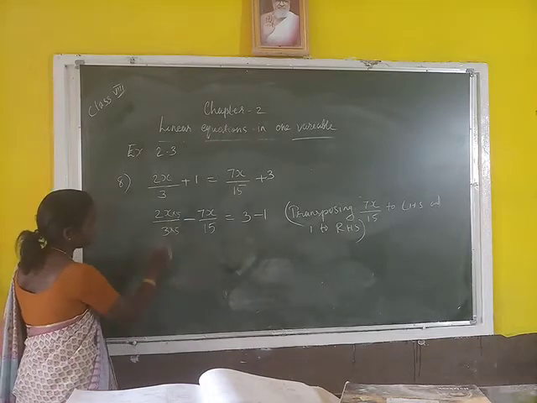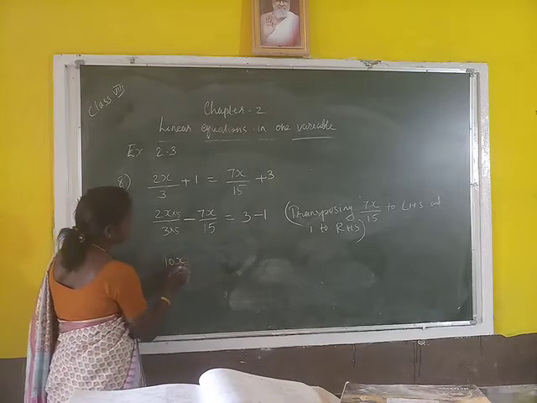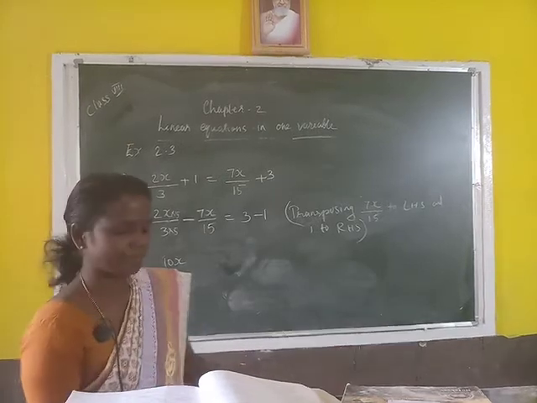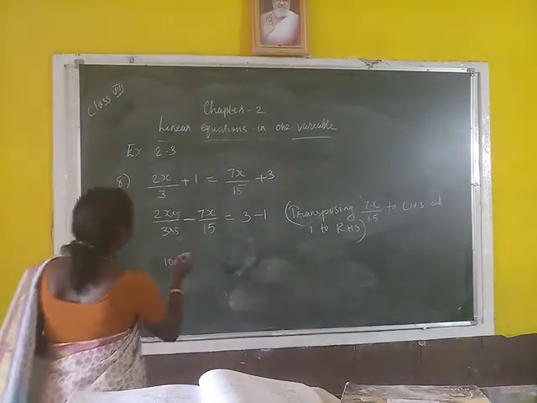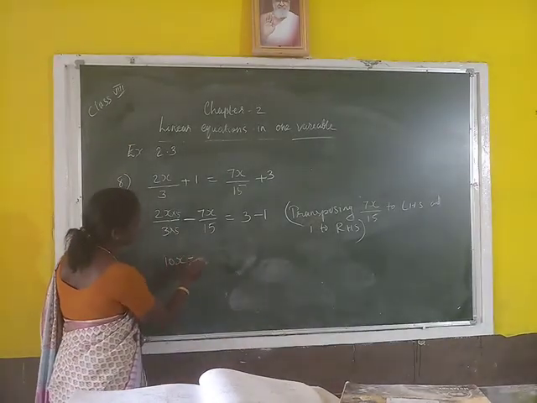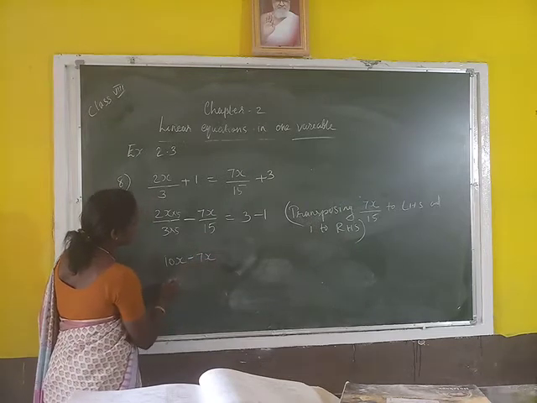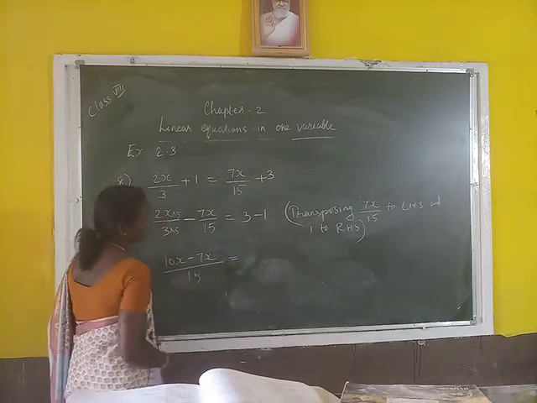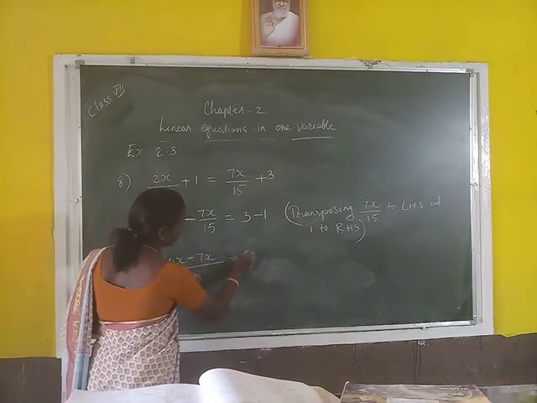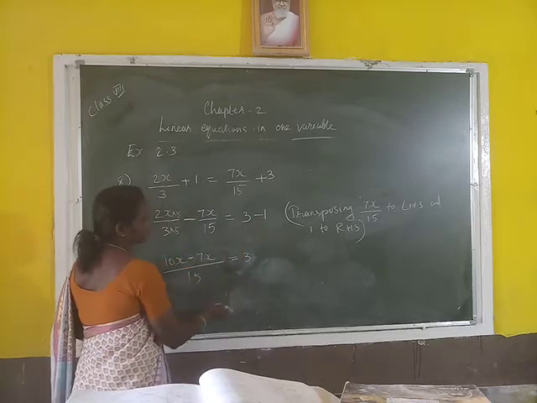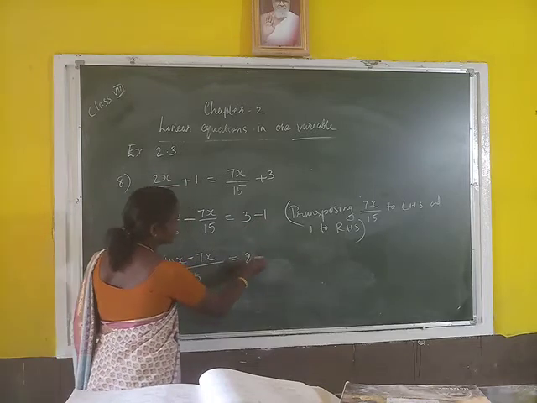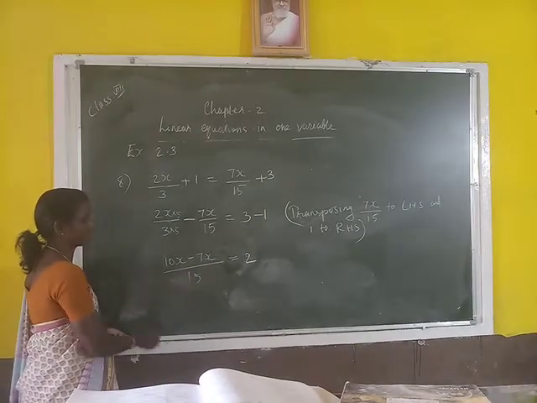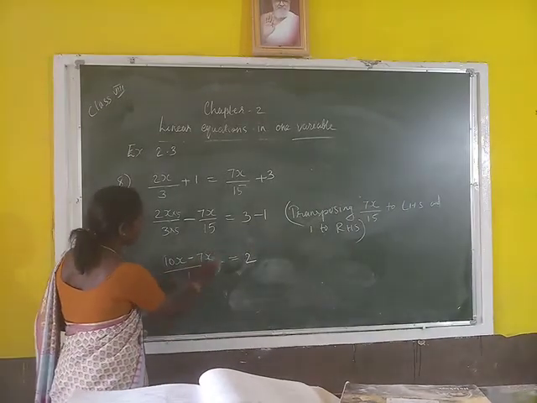So we get 10x minus 7x by 50 is equal to 3 minus 1, which is 2. Then cancel this 15 from this equation. How to cancel? Multiply by 5.